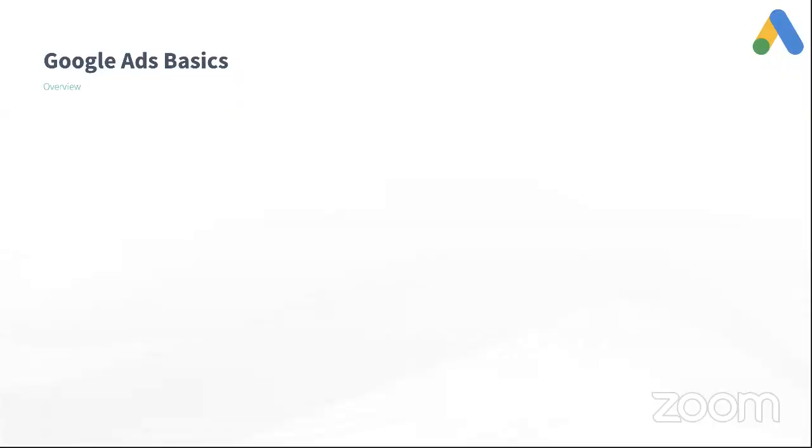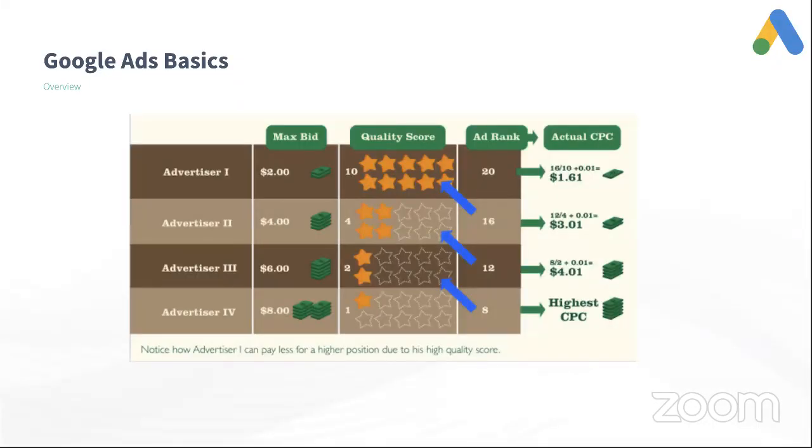This is a really great graphic from WordStream that basically shows you how it works and what the things are that Google looks at to post your ad against other people's. Just because you've put in an $8 bid price per click doesn't mean that your ad's going to get shown.